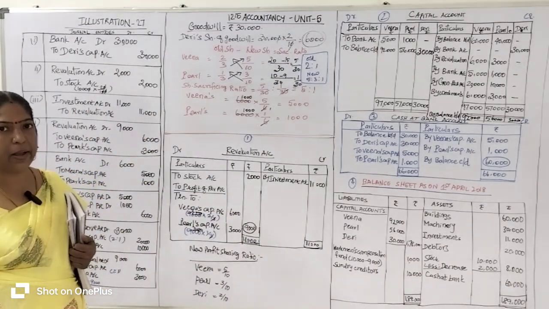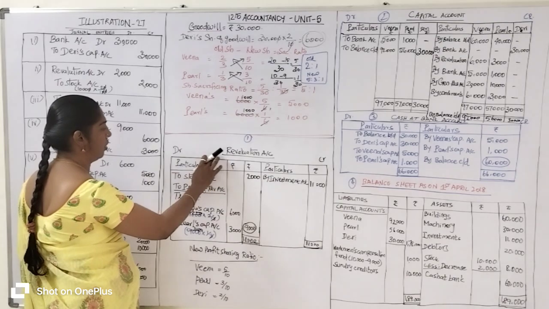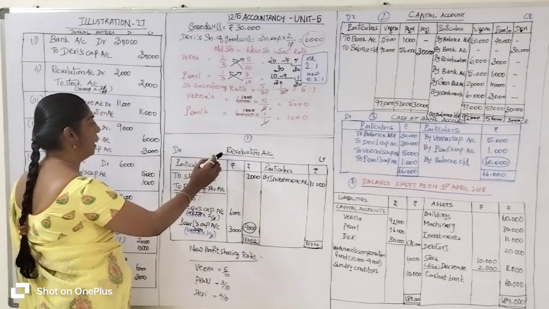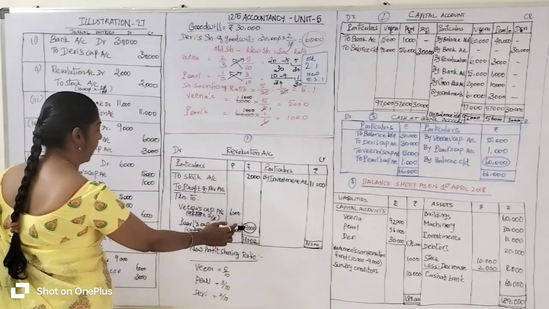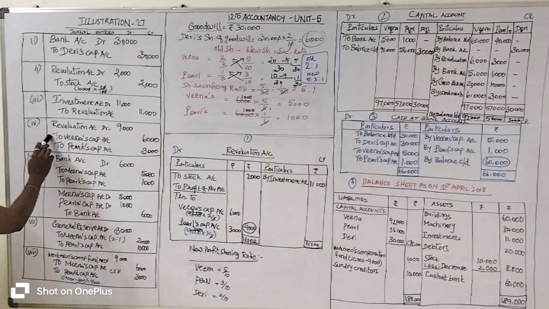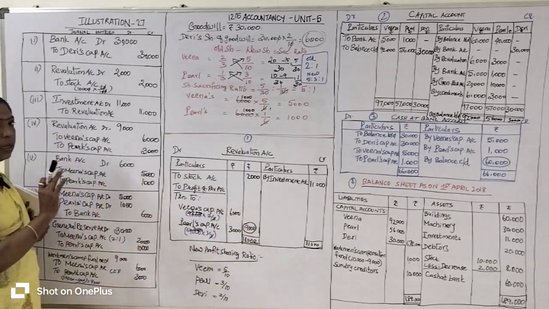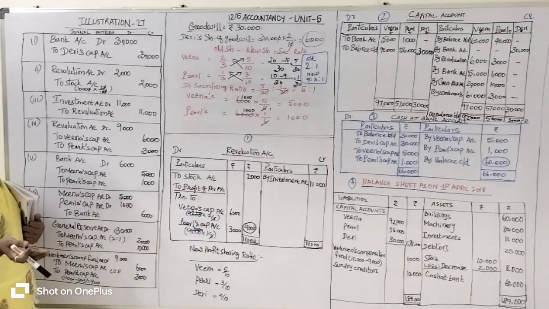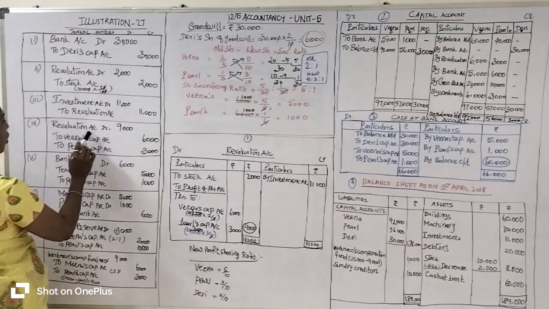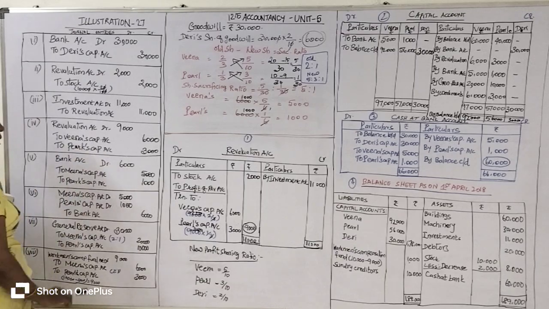Where you get the balancing value on the debit side of the revaluation account, you write: Revaluation account debit 9,000 rupees to old partners' capital account, because that 9,000 rupees balancing figure we immediately transfer to the old partners' capital accounts in their old profit sharing ratio. 6,000 goes to Veena's capital, 3,000 goes to Pearl's capital account.